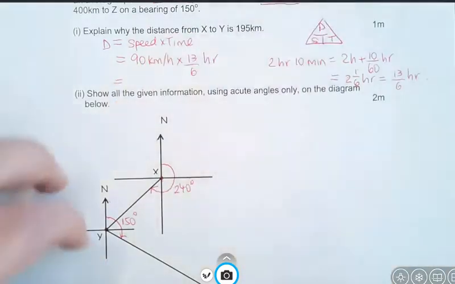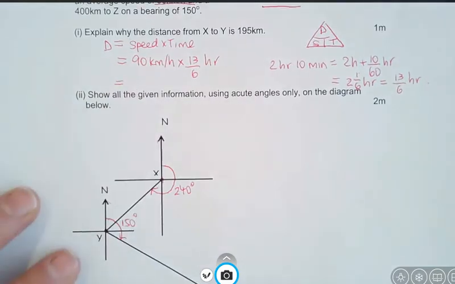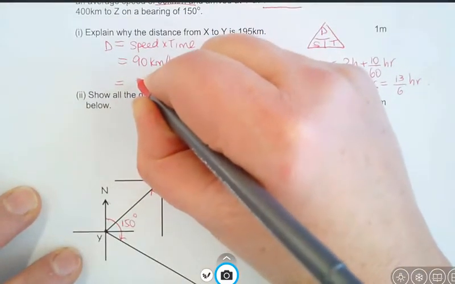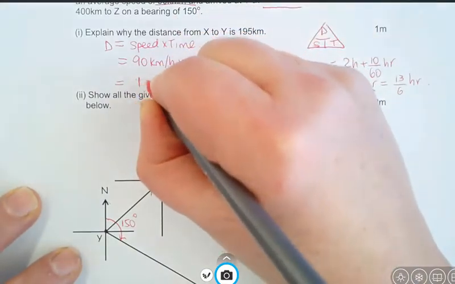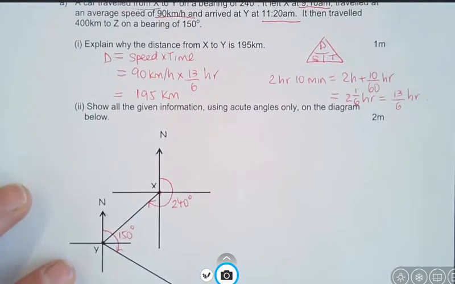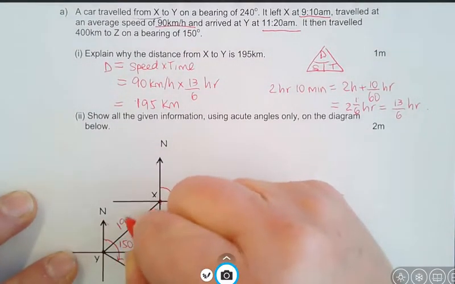Now, I already know that 6 into 90 is 15. I don't know what 15 times 13 is. What's the answer? About 100 and something. Yeah, 195. Okay, so that's my distance. So explain why the distance from X to Y is 195 kilometres, which we've just done.